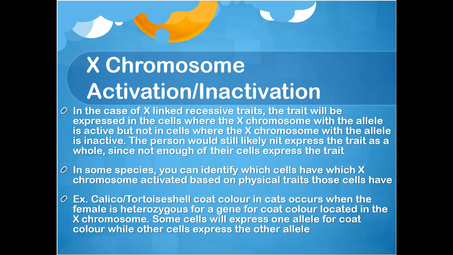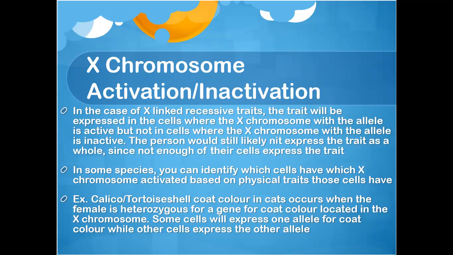Now, the person still won't express the trait as a whole because about half of their cells would still be showing the dominant trait. But there are some species where you can actually see which cells inactivate which X chromosomes.